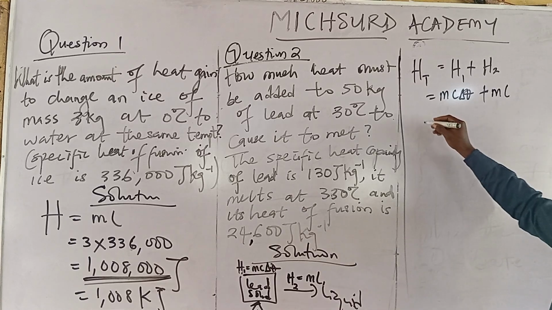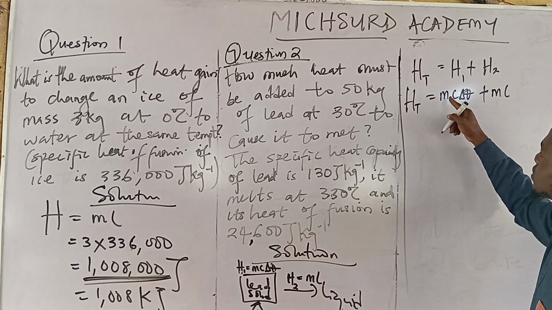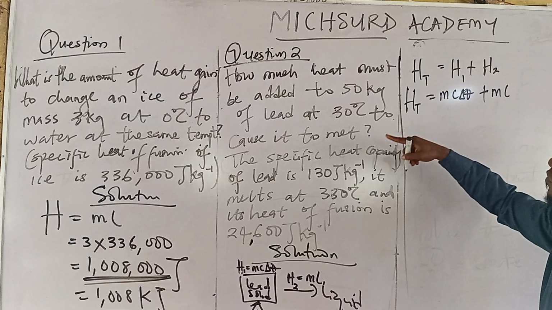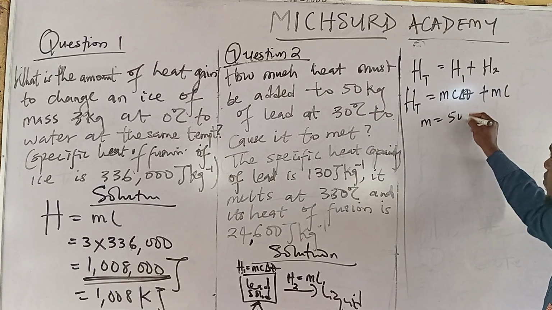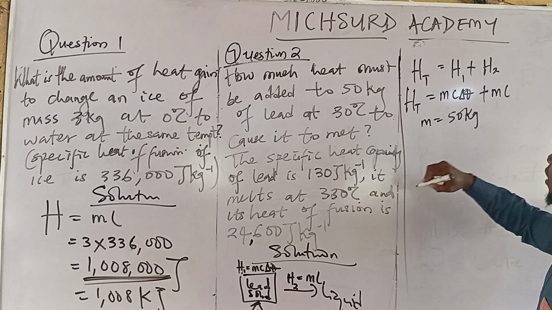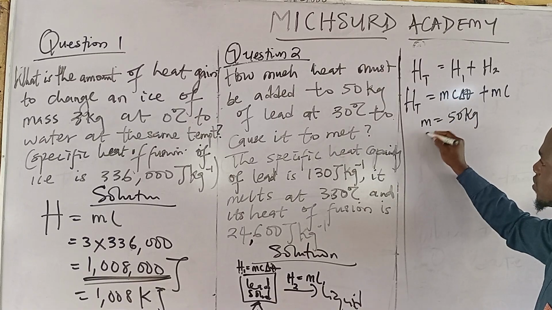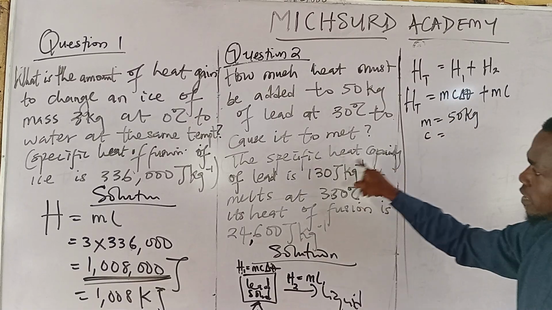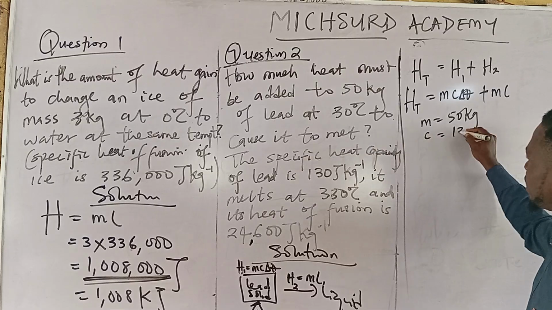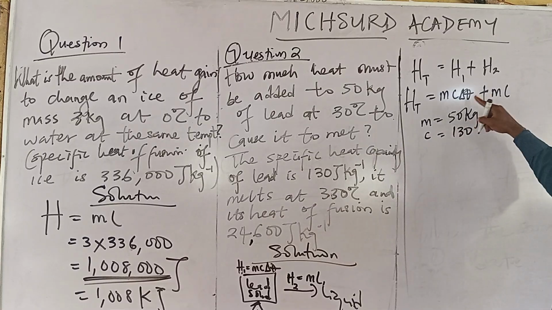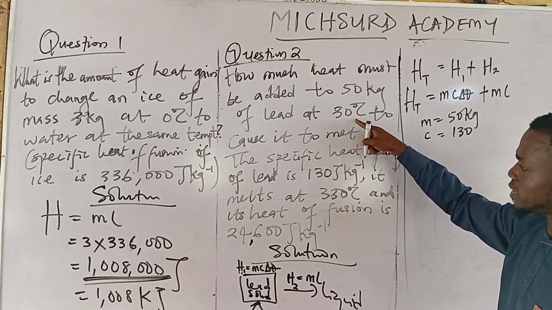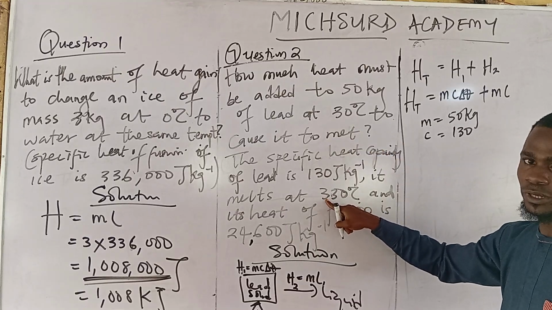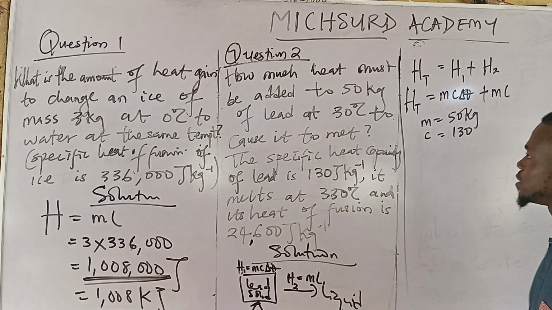From the question, you can see that the mass of the lead was given as 50 kg. The specific heat capacity is given as 130. For the change in temperature, initially it was 30 degrees Celsius and now it is 330 degrees Celsius.